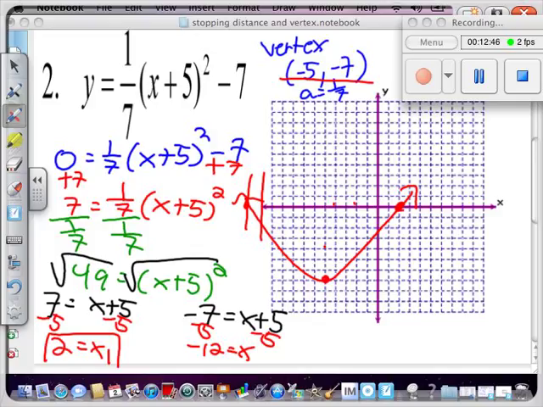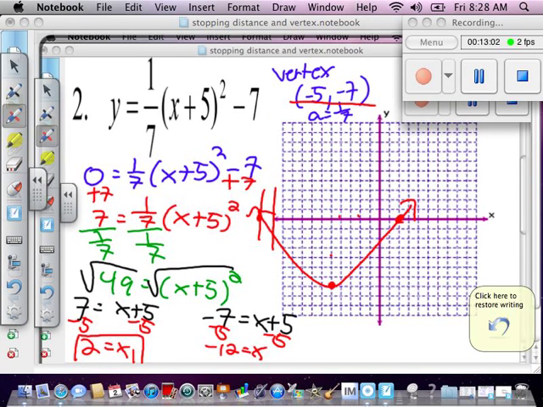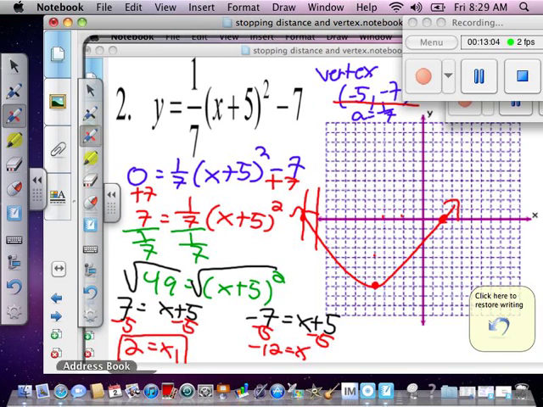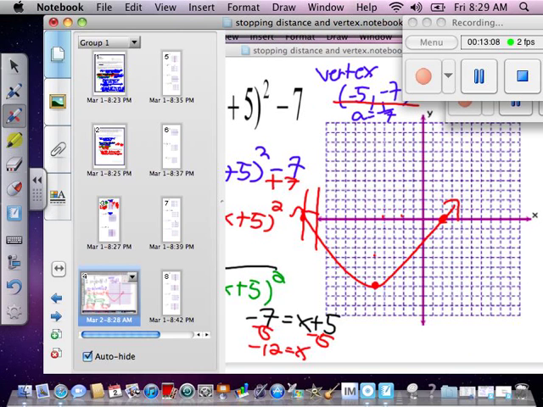Okay. I want to skip all the way to number 5, and you guys will go back and do 3 and 4, but I want to look at 5. So unfortunately, this is going to have to disappear.